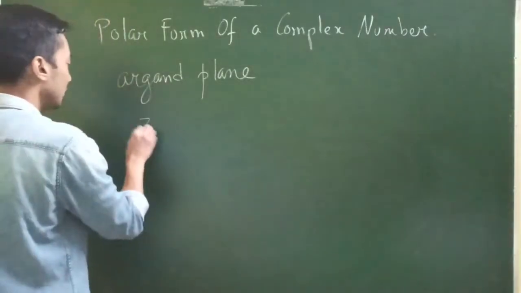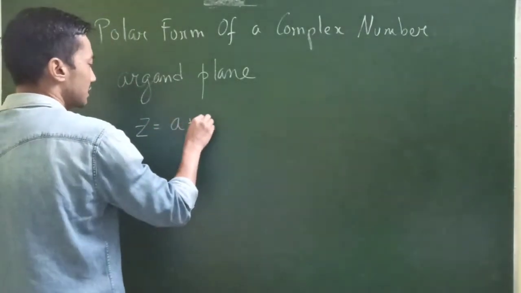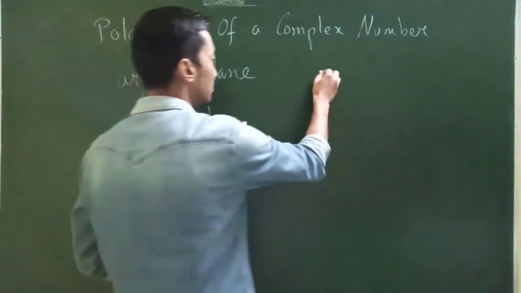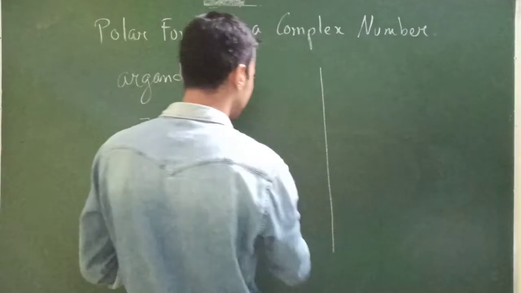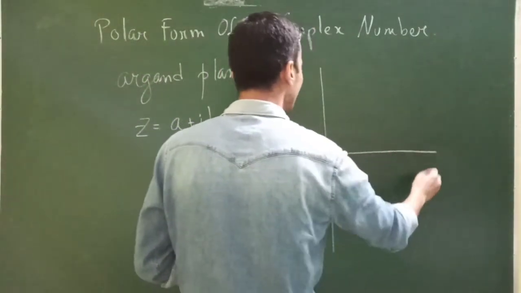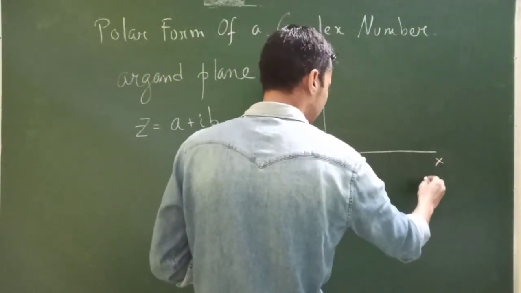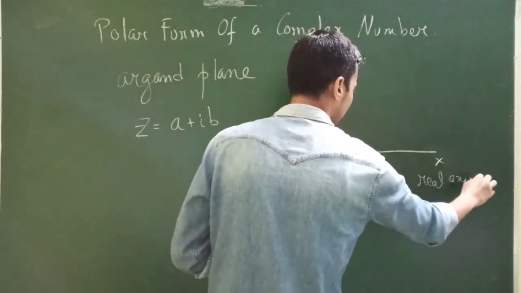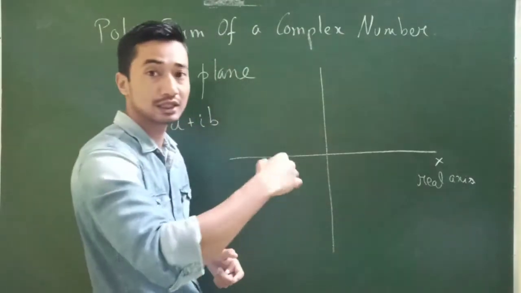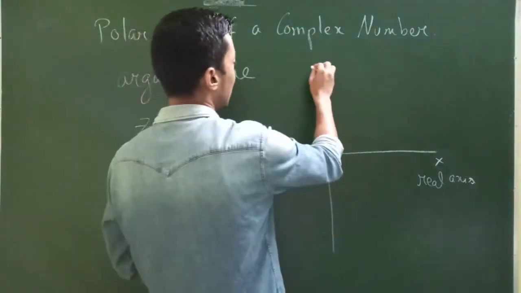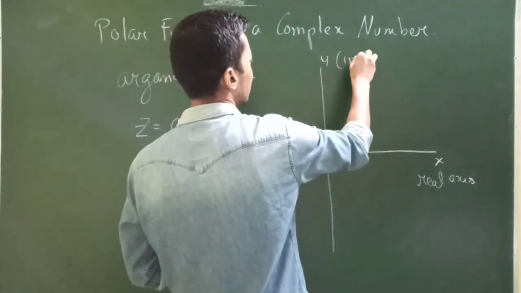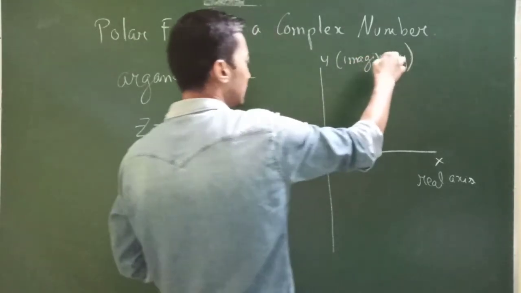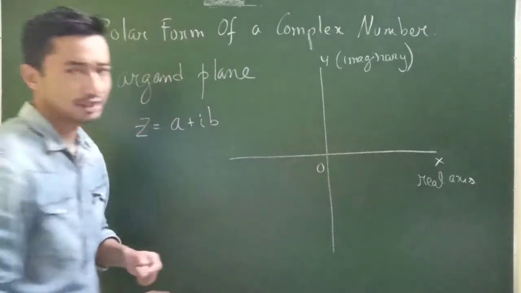Now this is a special kind of plane because when you have a complex number, it is a plus ib. So we have the real and the imaginary parts. In this special plane, the x-axis is considered as the real axis, the y-axis will be considered as the imaginary axis, and this is the origin.